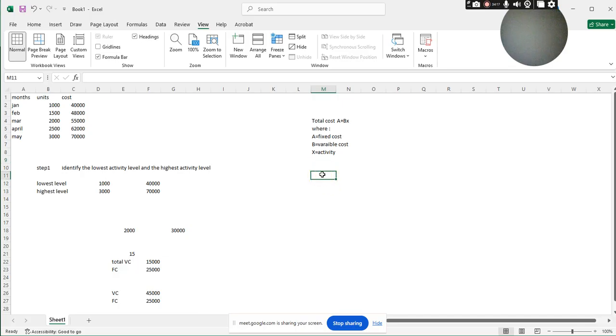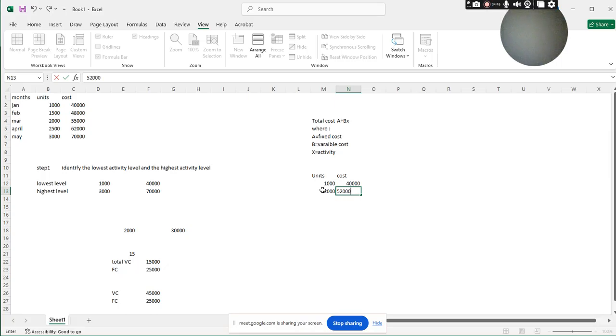In this example, we have units and we have cost. For units, we have 1,000, the cost is 40,000. Units 2,000, the cost is 52,000.